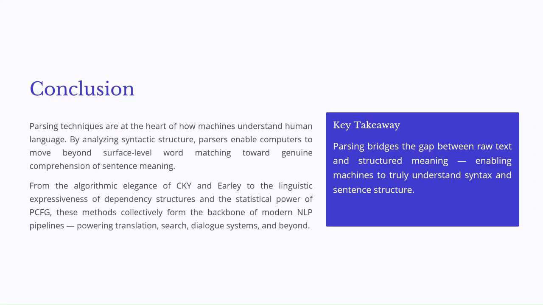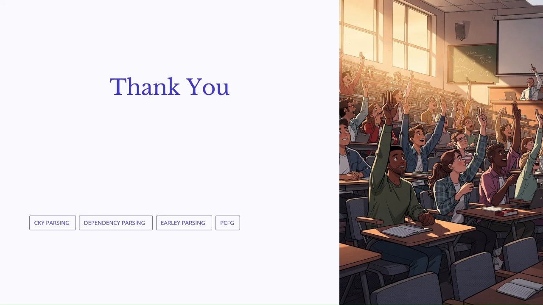From the algorithmic elegance of CKY and Earley to the linguistic effectiveness of dependency structures and the statistical power of PCFG, these methods collectively form the backbone of modern NLP pipelines, powering translation, search, dialogue systems, and beyond. So parsing bridges the gap between raw text and structured meaning, enabling machines to truly understand syntax and sentence structure. Thank you.